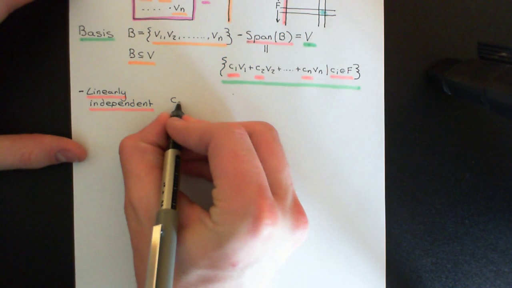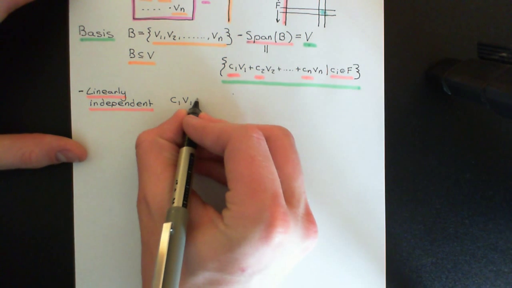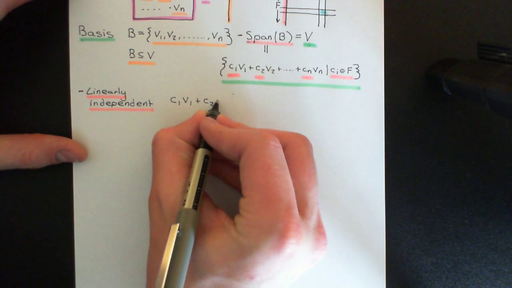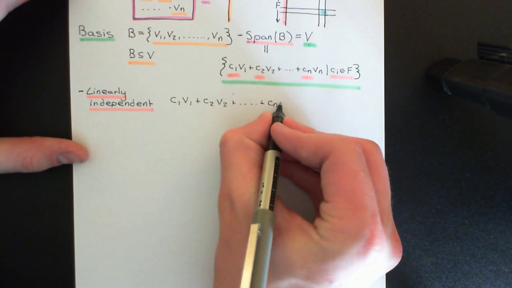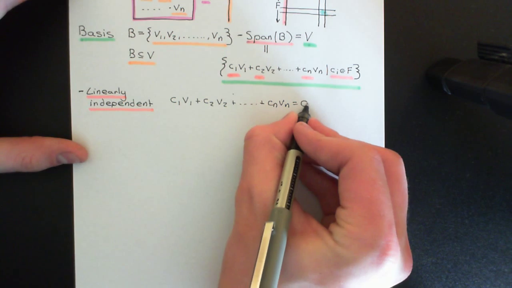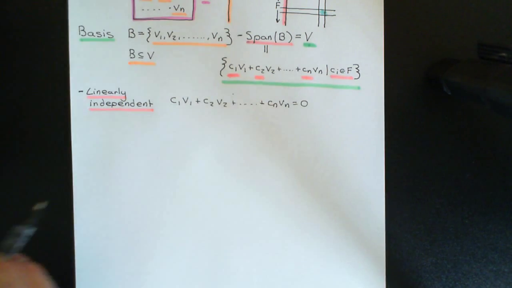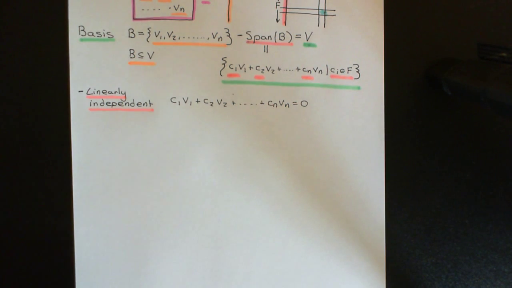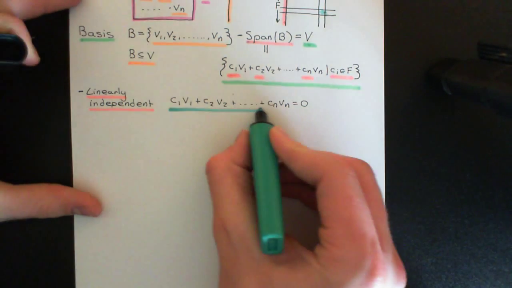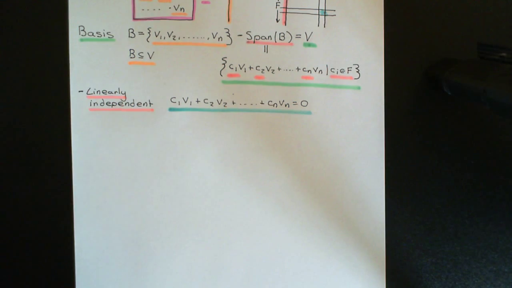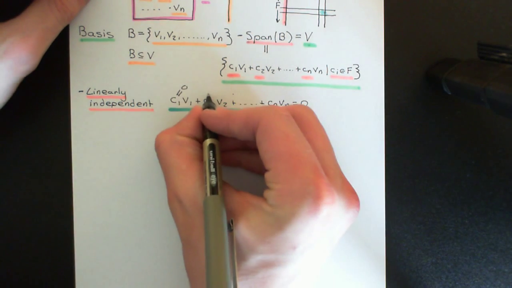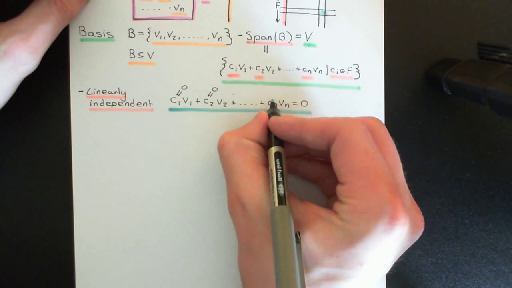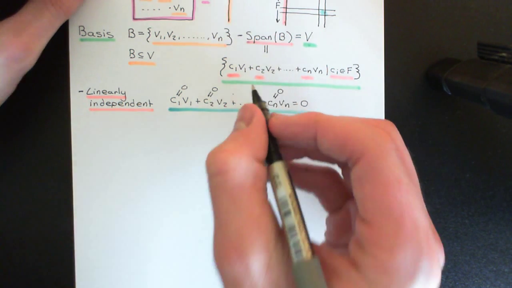So if we are looking at the solutions to c1v1 plus c2v2 plus all the way up to cnvn equals the zero vector in our vector space, the additive identity of our vector space, there is only one solution to this, and this is the solution where all of the scalar coefficients have to be equal to the additive identity of the field, zero in the field, the scalar zero.